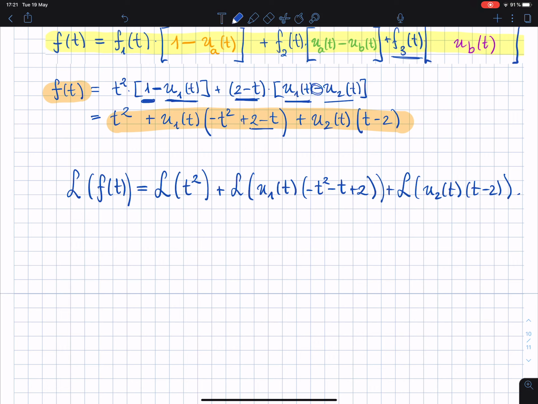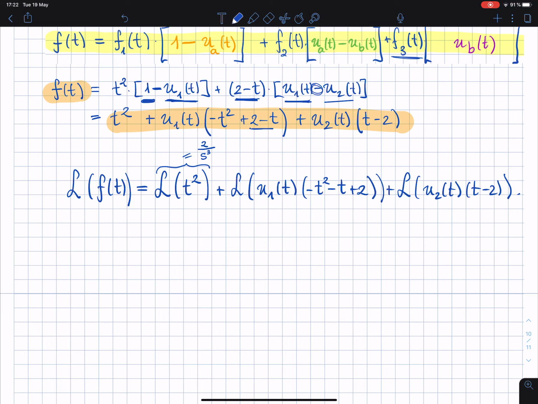This Laplace transform is very easy. You can find it in the table of Laplace transforms, and you will see it is 2 factorial, so that's 2 divided by s to the power n plus 1, which is 3.